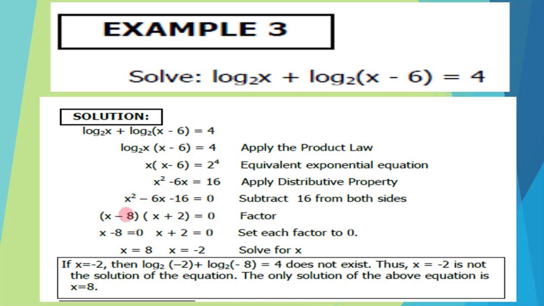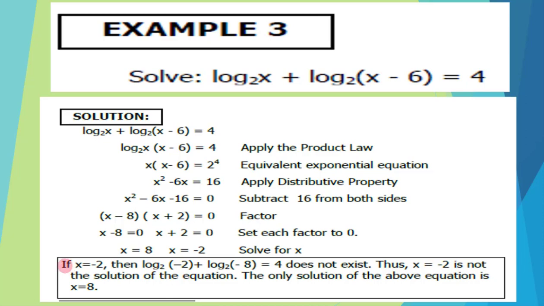Then we factor this; the factors are x minus 8 and x plus 2. Equate each to 0 and solve for x: x minus 8 equals 0, and x plus 2 equals 0. We have the values x equals 8 and x equals negative 2.